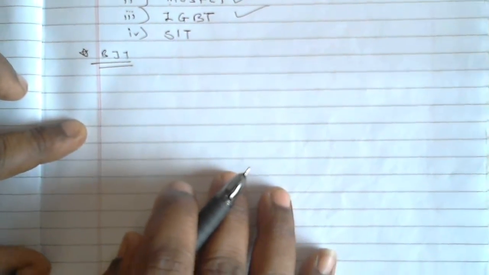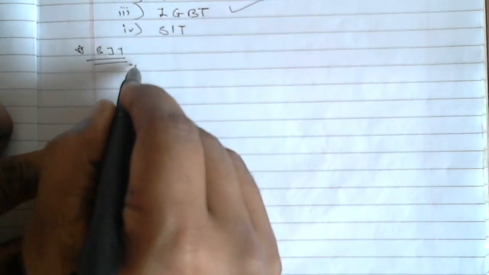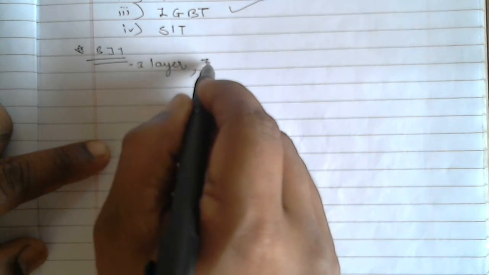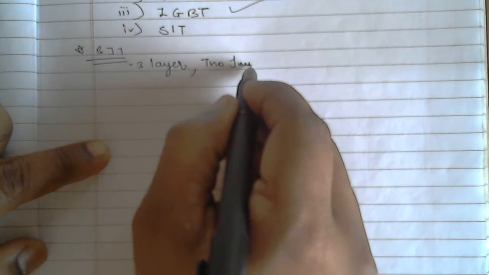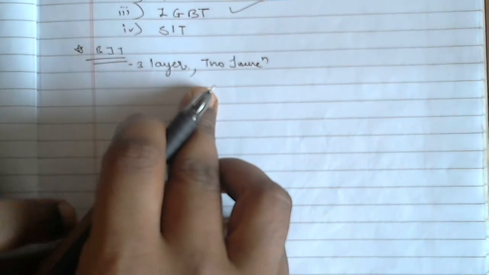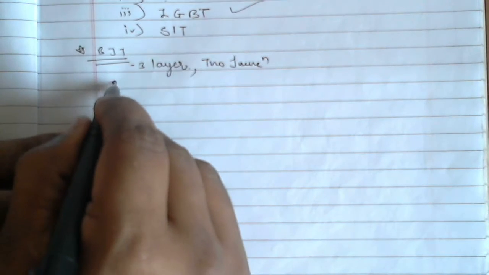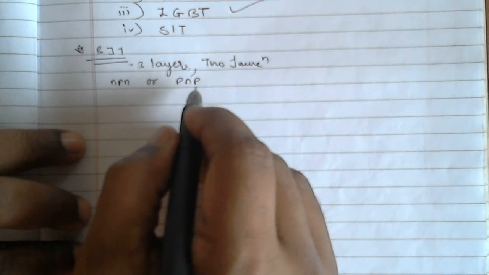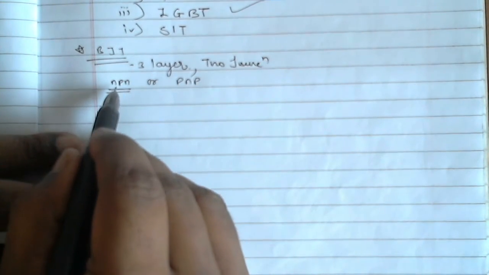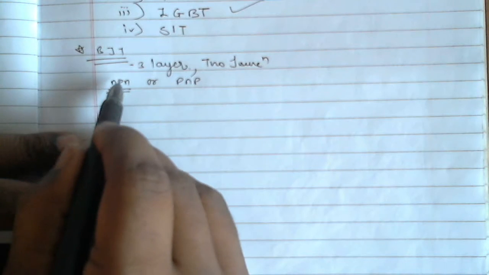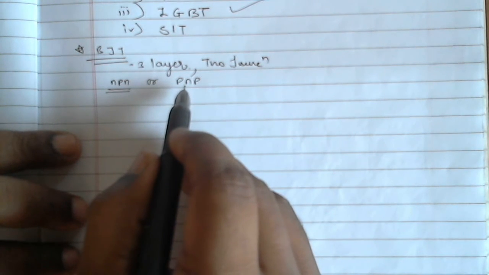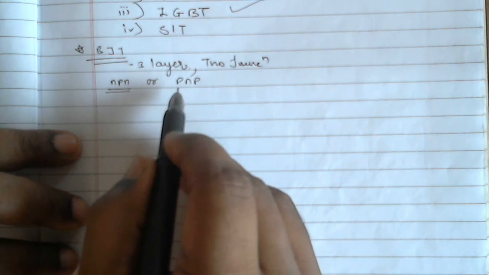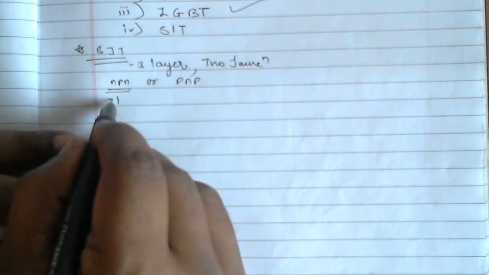As I said, it is a three-layer device. It has two junctions, as three layers obviously give two junctions. It can be NPN or PNP. When it is NPN, P type material is sandwiched between two N type materials, and when it is PNP, N type material is sandwiched between two P type materials.